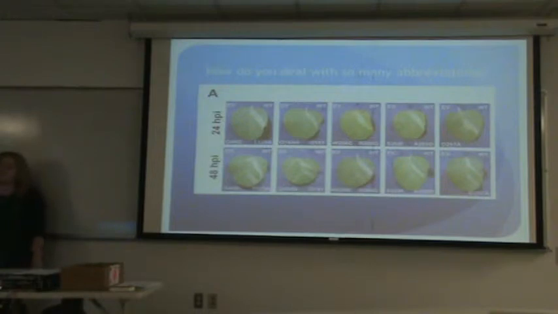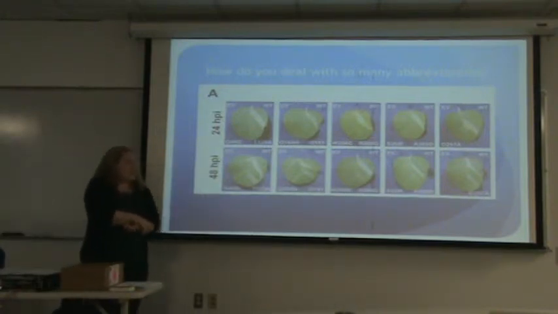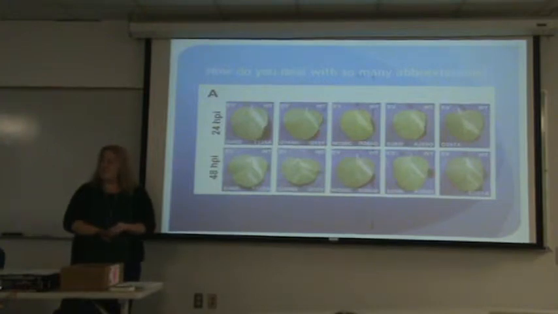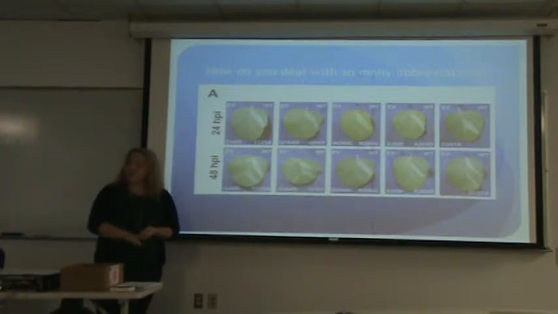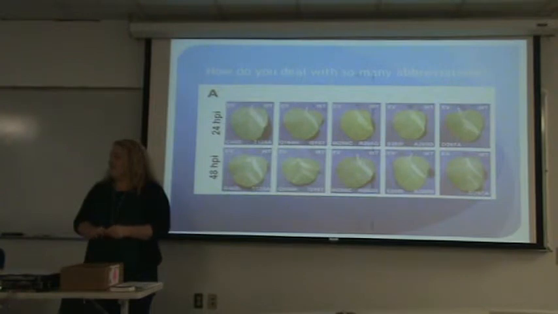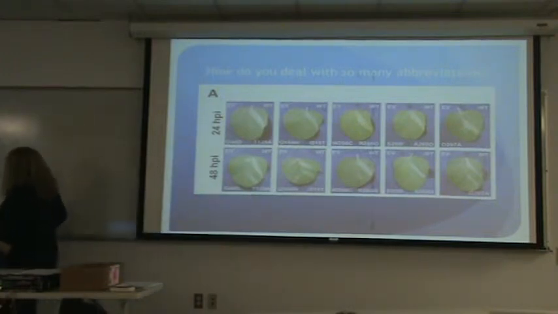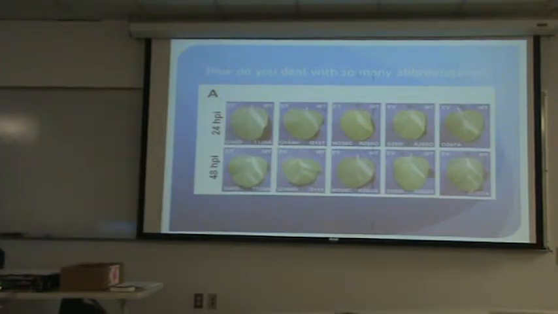All right, abbreviations. This picture I picked because it has too many abbreviations. Most of you, when you present, are going to have a lot of abbreviations. In science journal articles, you get a certain amount of room, so you abbreviate as much as possible, but when you are not in the field, you're not going to know what all the abbreviations are.